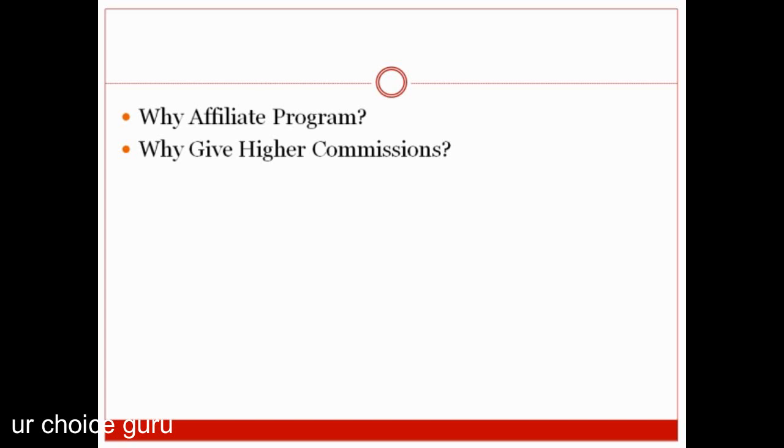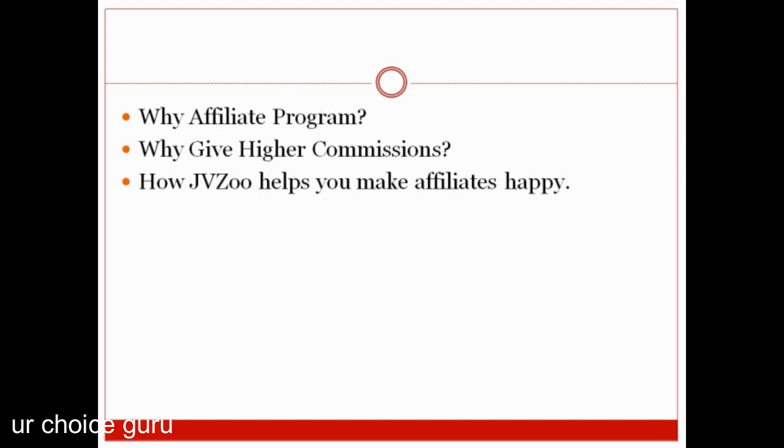You can also do it in a manner where you can give certain affiliates higher commissions for bringing in more customers. So definitely want to make your affiliates happy and make them feel valued and reward them if they are bringing a lot of sales to your product. And JVZoo helps make your affiliates happy because it's all about instant payments.